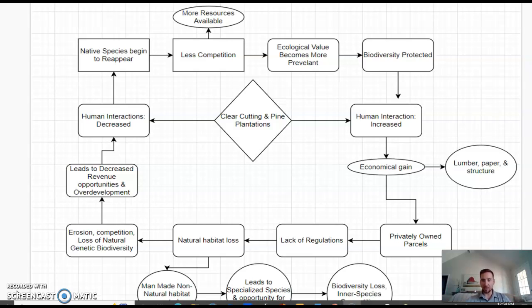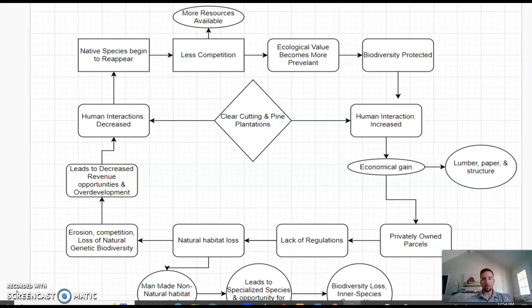We can see that economical gain is branched off and subdivided into these three categories: lumber, paper, and structure. Going through economic gain, these are all divided through privately owned parcels of land that generally are bought by larger companies such as Weyerhaeuser. That's what we're going to be focusing on, Weyerhaeuser Paper Company, a very dominant company within this northern Mississippi region, as well as the rest of the southeast region of the United States.